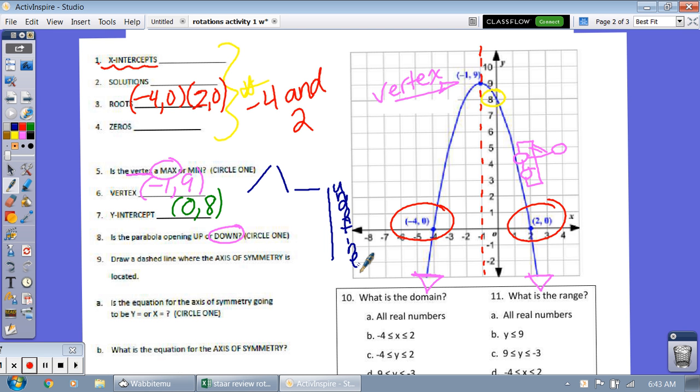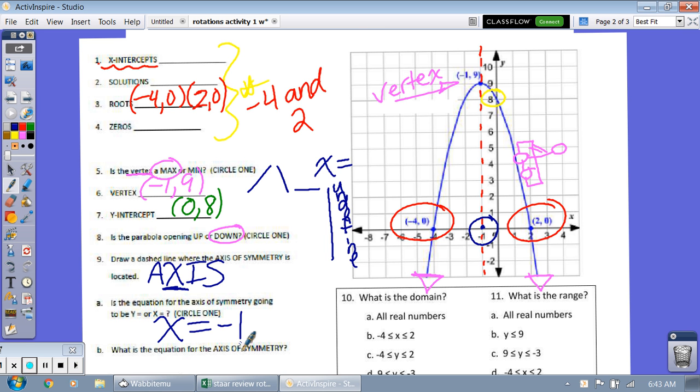Instead of saying it starts with y equals, we'll say that undefined lines start with x equals. Or another thing that can help you remember is the word axis has the letter x in it. So we would say it starts with x equals. And then you just simply look, where does it cross the x-axis? It crosses the x-axis at -1.